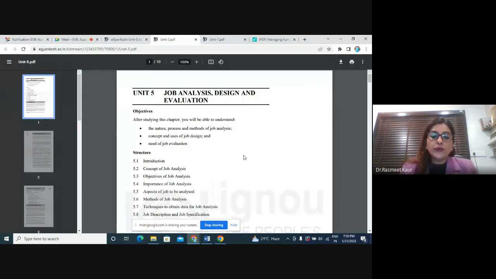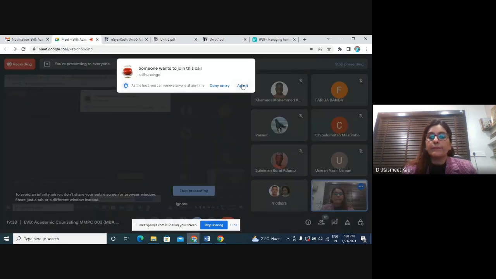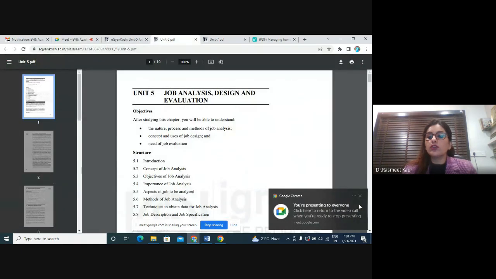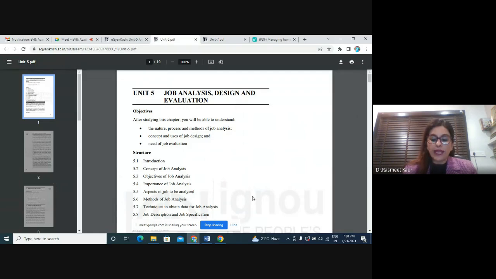Now, once you do your HR planning, then comes doing a proper job analysis. You make a job design and you do job evaluation. Job evaluation, job analysis, job design, these are three different terms having different meaning. When we talk about job analysis, what basically is job analysis?